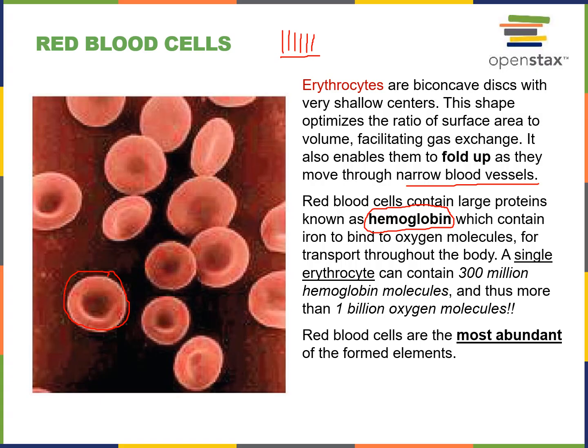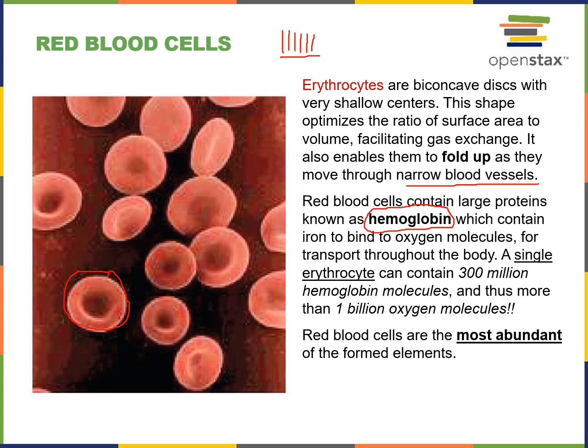And all cells, with the exception of red blood cells, carry out cellular respiration. Red blood cells have the job of transporting all of that oxygen to every single cell in the body that needs it. And some organ systems use more, like the brain. The nervous system uses far more oxygen than other organ systems.